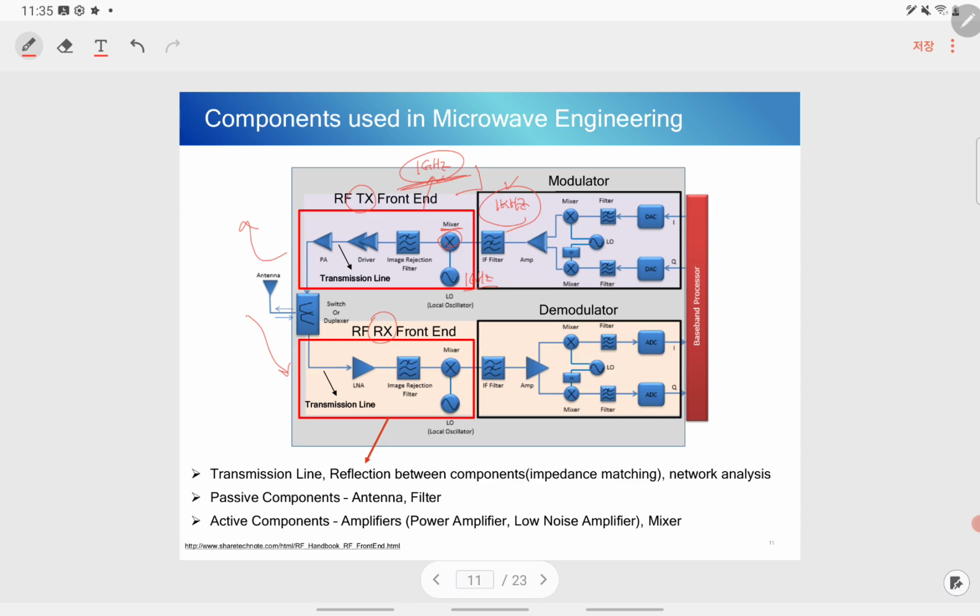So in microwave engineering, we are interested in these red boxes: circuits or lines working at high frequencies such as a gigahertz or 100 megahertz. On the transmission side, there is a filter and amplifier.